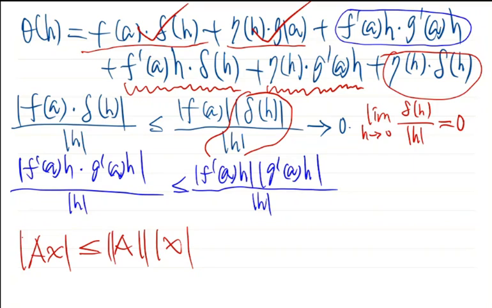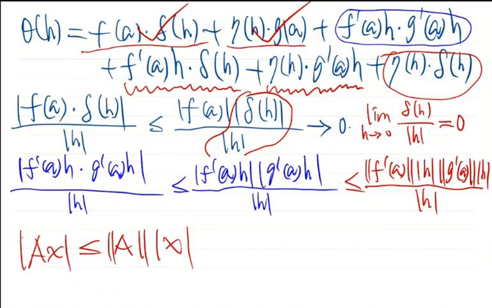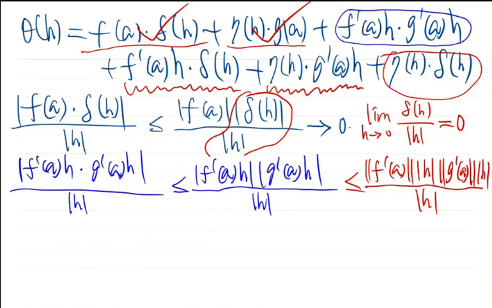Applying this result, it is not greater than the matrix norm of f'(A) times the norm of h, times the matrix norm of g'(A) times the norm of h, then divided by the norm of h. So one norm of h cancels, but we still have a norm of h here. So this goes to 0 as h goes to 0. So this is done, and this one is also done.